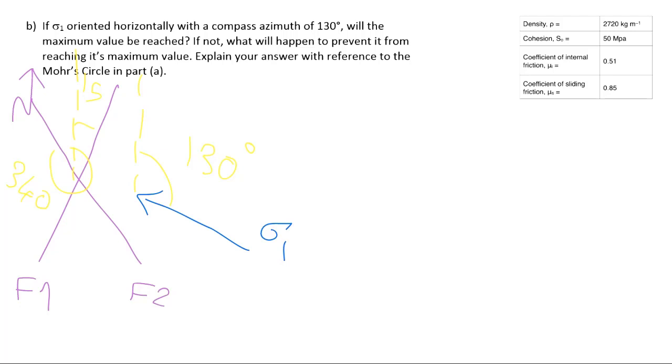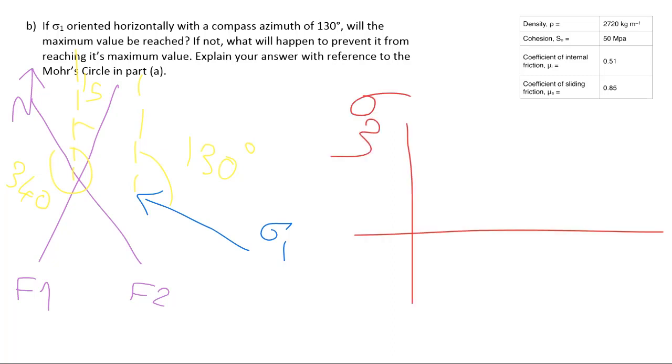So the easy way, you draw your Mohr circle. This is shear stress, not sigma 3, and this one is normal stress. This time we're going to include the coefficient of sliding friction.